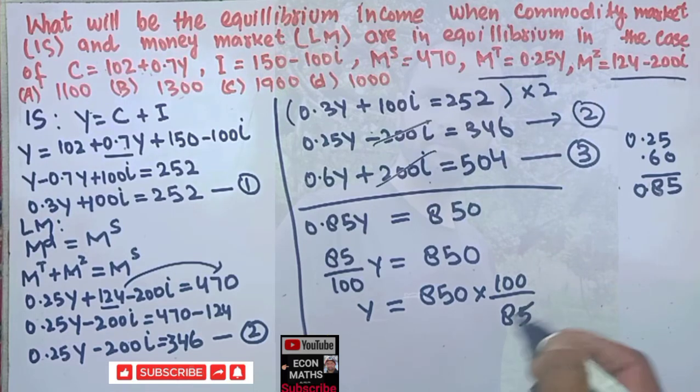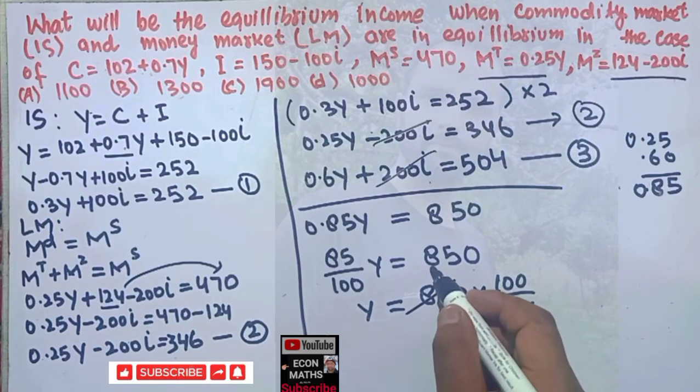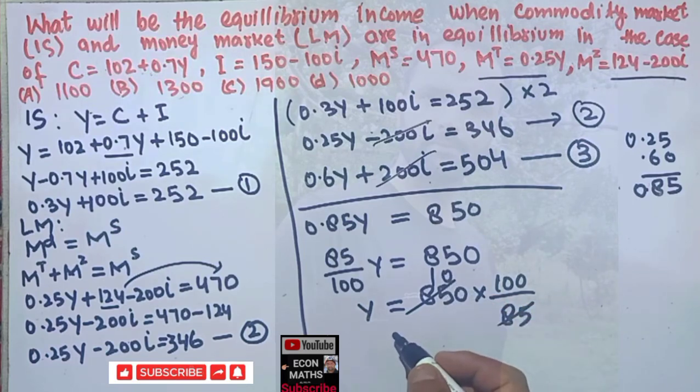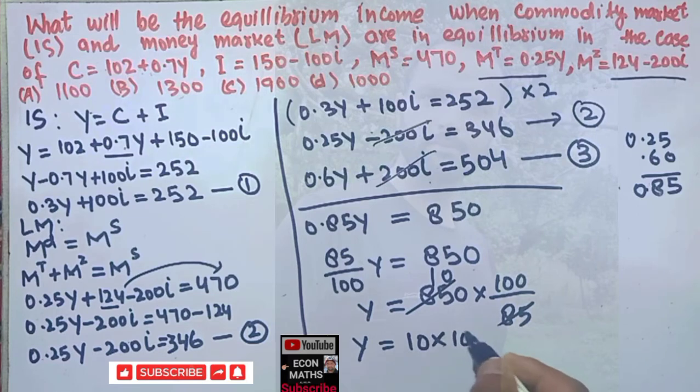Now 85 ones are 85 and 85 tens are 850, so we are left with y equal to 10 into 100, which is 1000. So our equilibrium level of income would be 1000.